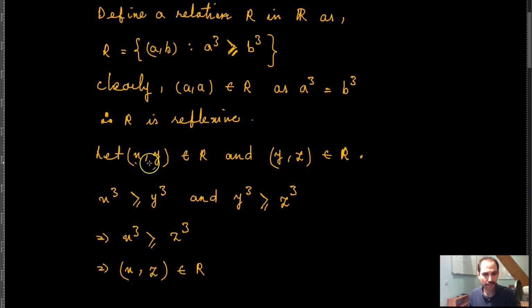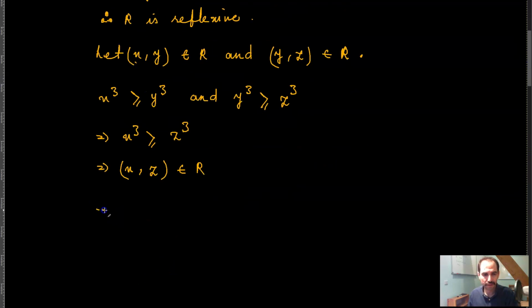So if (x, y) belongs to R, (y, z) belongs to R, and (x, z) belongs to R as well, then that means that R is transitive. Let me see how they have solved this problem.